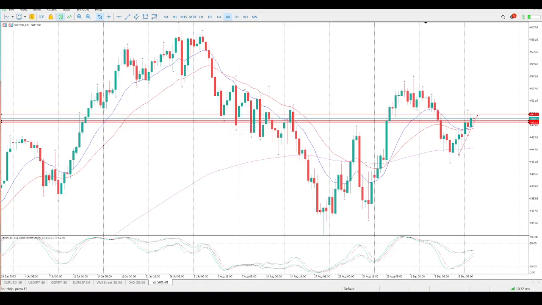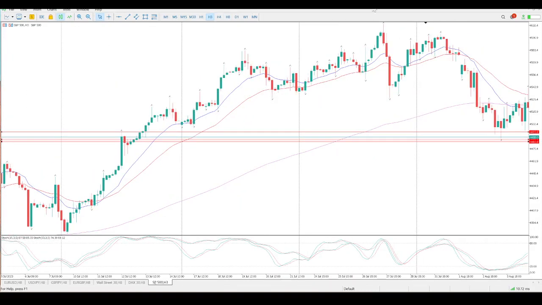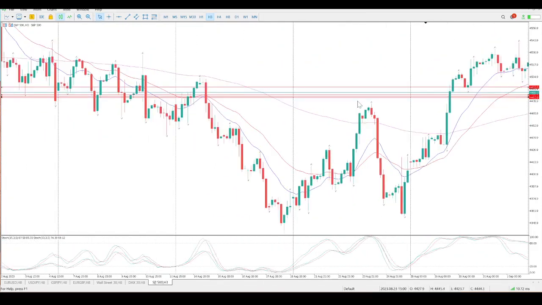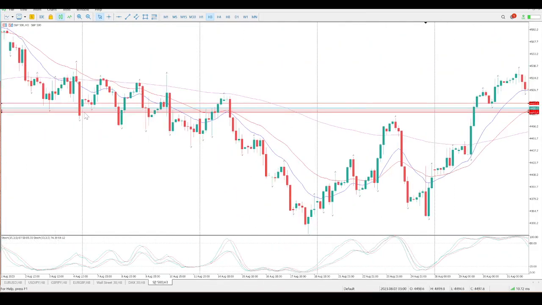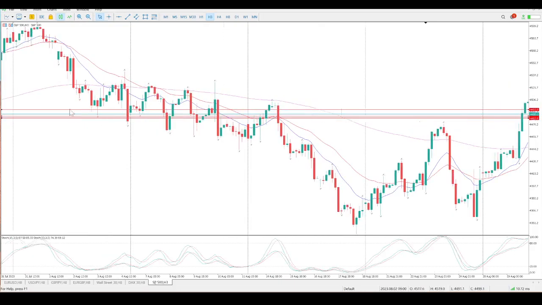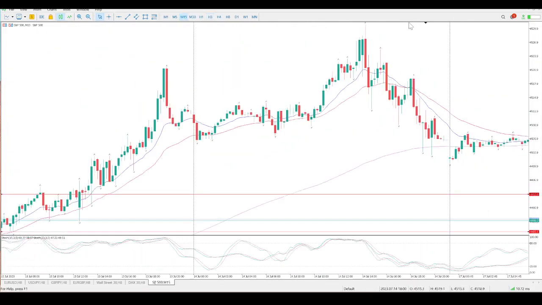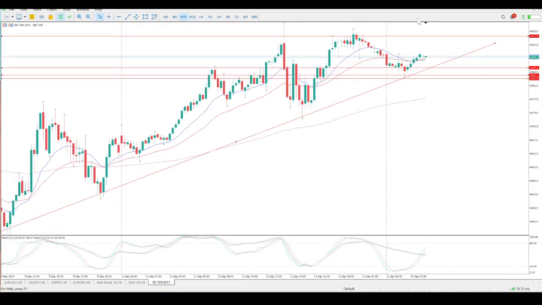Not quite anything. And let's just check if we have something on the 3 hour. Really just where price is at the moment, just above those levels. So still an area to watch.